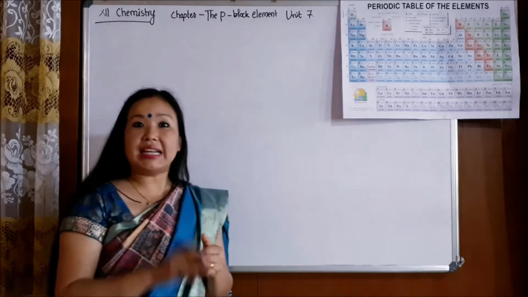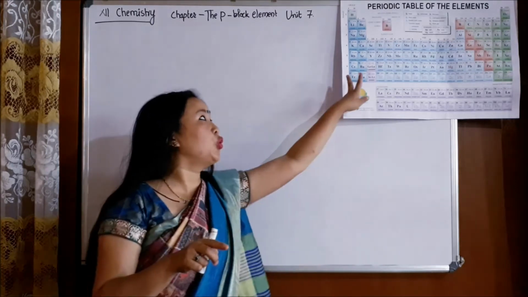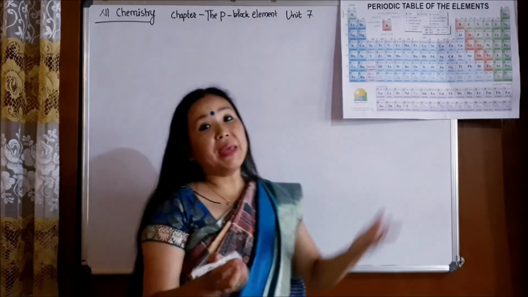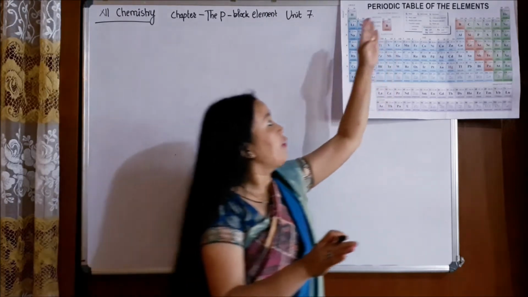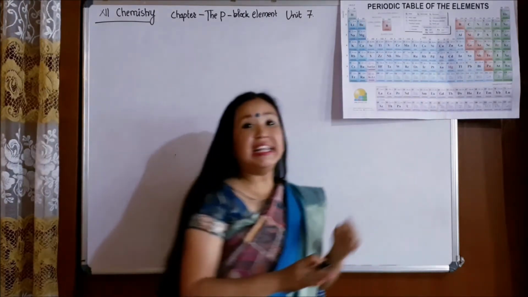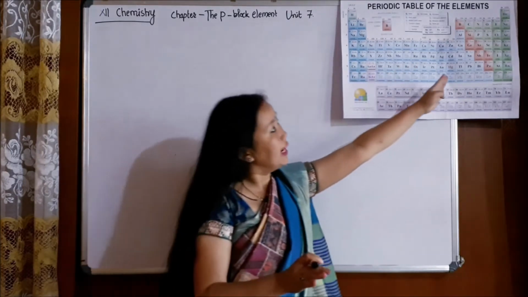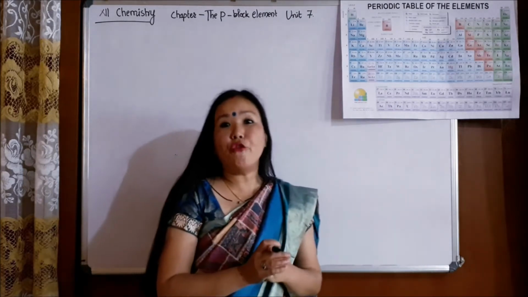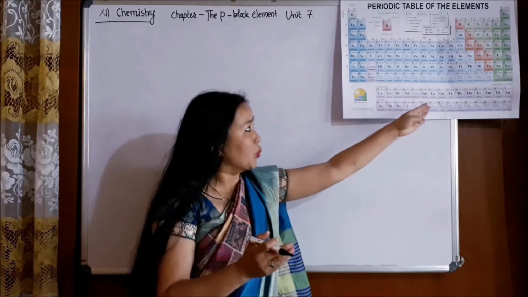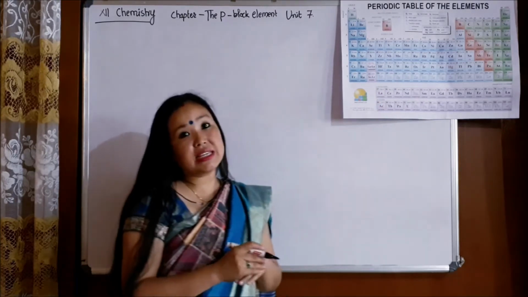As we know, s can accommodate a maximum of 2 electrons, so it has 2 groups, 1 and 2. p can accommodate a maximum of 6 electrons, so it has 6 groups, from 13 to 18. d can accommodate a maximum of 10 electrons, so 10 groups, and f can accommodate a maximum of 14, so 14 groups. In f, you can see 2 series, the lanthanide series and the actinide series.